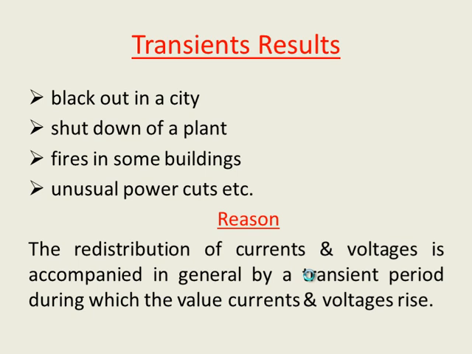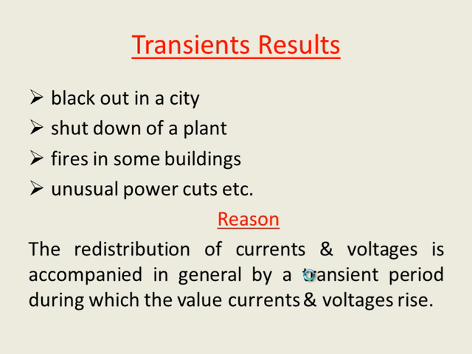I mean to say that whenever there is a fault, the circuit breaker isolates the healthy part from the faulted one, then there is a redistribution of currents and voltage, and that is the reason for the transient.